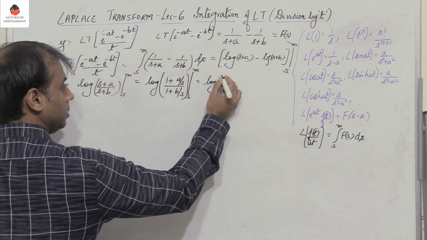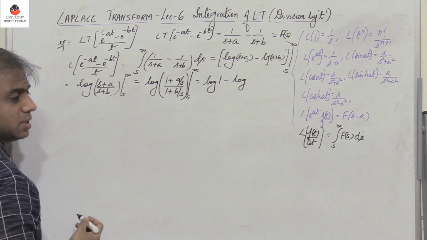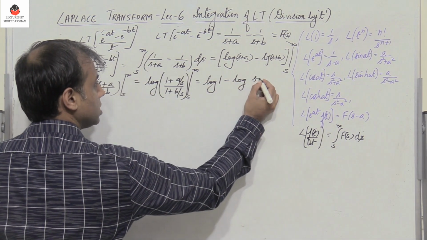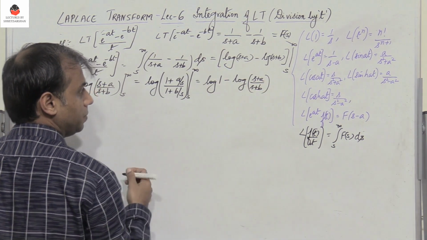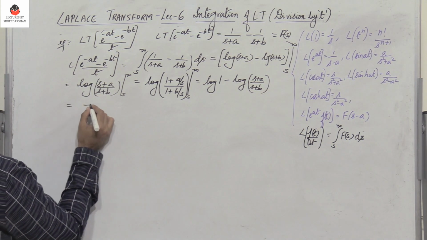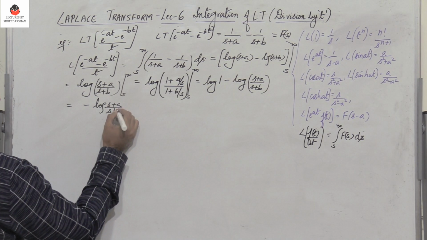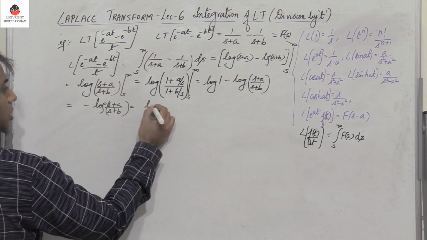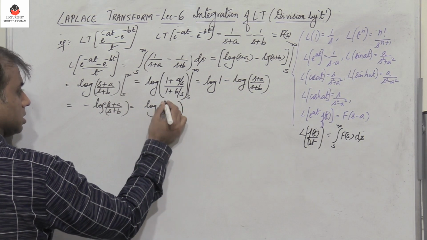So we get log 1 minus log, I replace s by s itself. So it's going to be log of s plus a divided by s plus b. Again, if I take the LCM, so log 1 is 0, so which is minus log s plus a divided by s plus b, or it is log s plus b divided by s plus a.